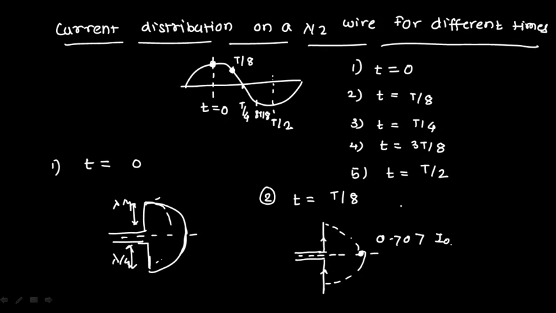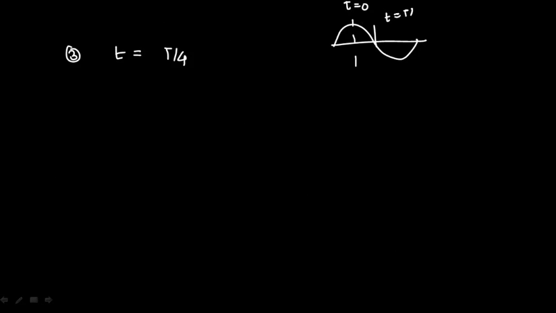The next condition is t equal to T by 4. This is the third condition. Again I'm going to draw the same waveform so that you will understand what we are doing. This is t equal to 0. This is t equal to T by 4, this is T by 2, and this is 3T by 8.